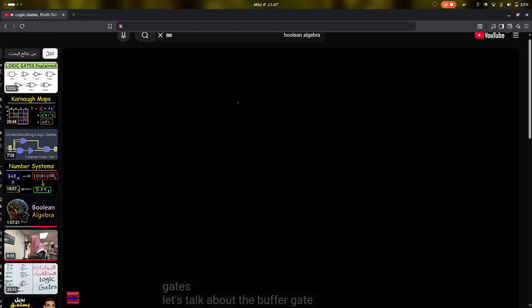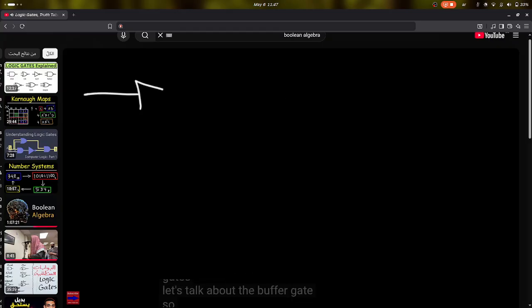Now, before we go over AND, OR, and NOT gates, let's talk about the buffer gate. So here is the symbol of the buffer gate.